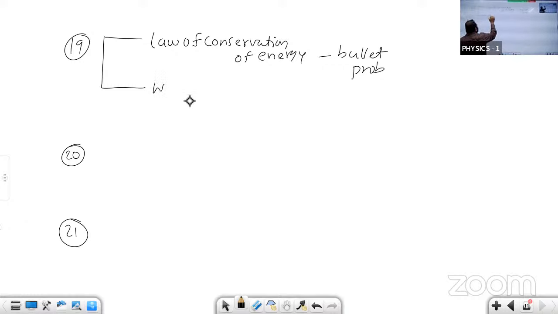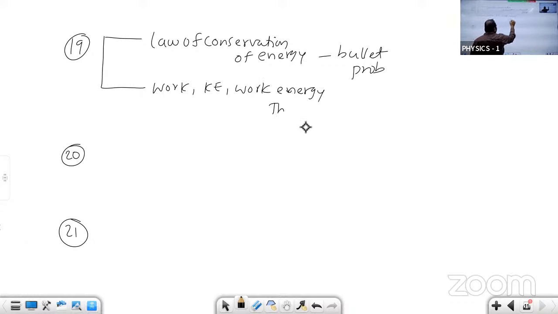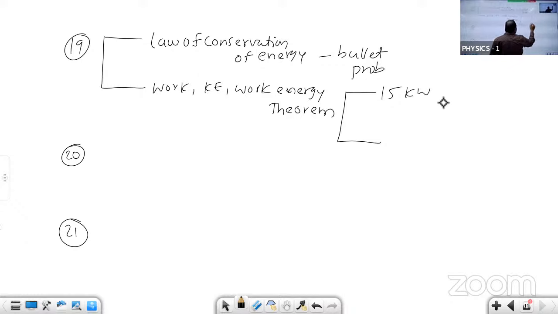Next, define work, kinetic energy, work energy theorem. 2 problems, students. One is 15 kilowatts. Second one, 166.6 horsepower. This is for the 19th.